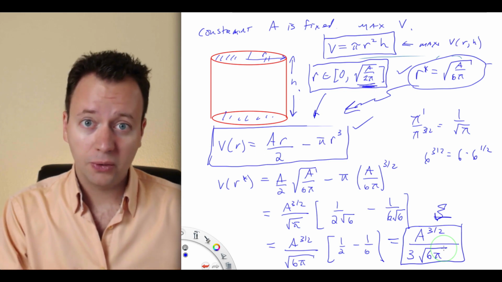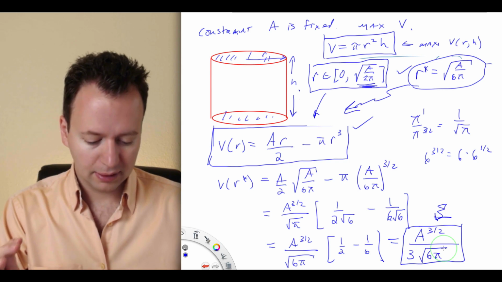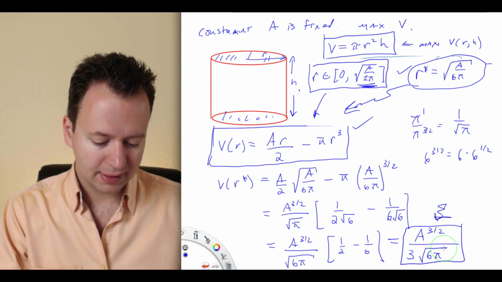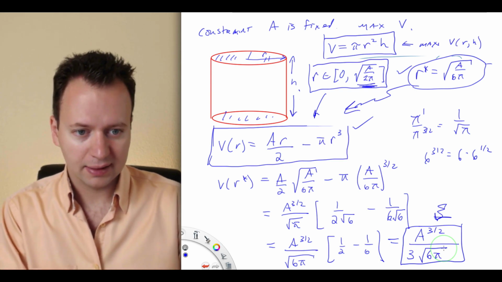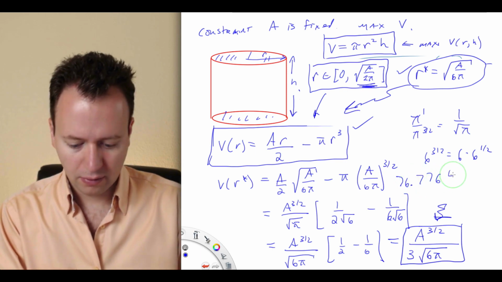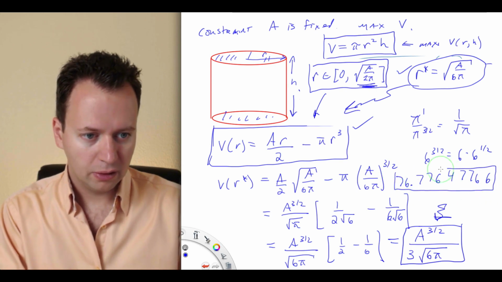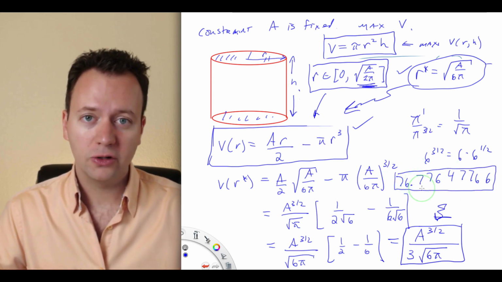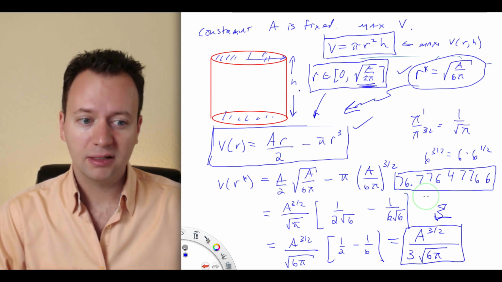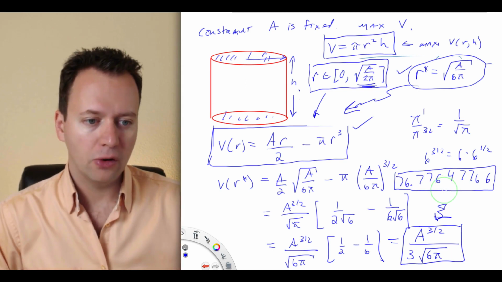So with 100 square inches of aluminum, the maximum size cylindrical can you can construct has a volume of 76.7764776 cubic inches. So with 100 square inches of aluminum, you can construct a can that can hold 76.776 cubic inches of water or paint or whatever you want.